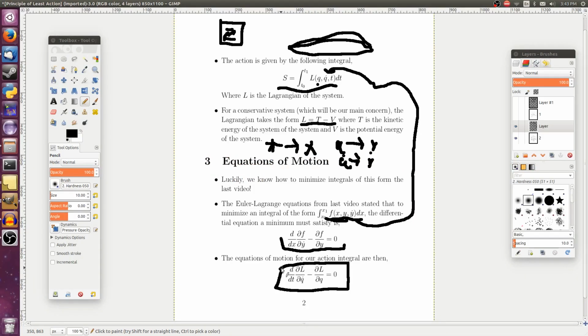Now, what if we have more than one generalized coordinate, like in that spring pendulum example? Well, this is the beauty of using generalized coordinates, because those differential vectors had zero dot product. What does that mean?